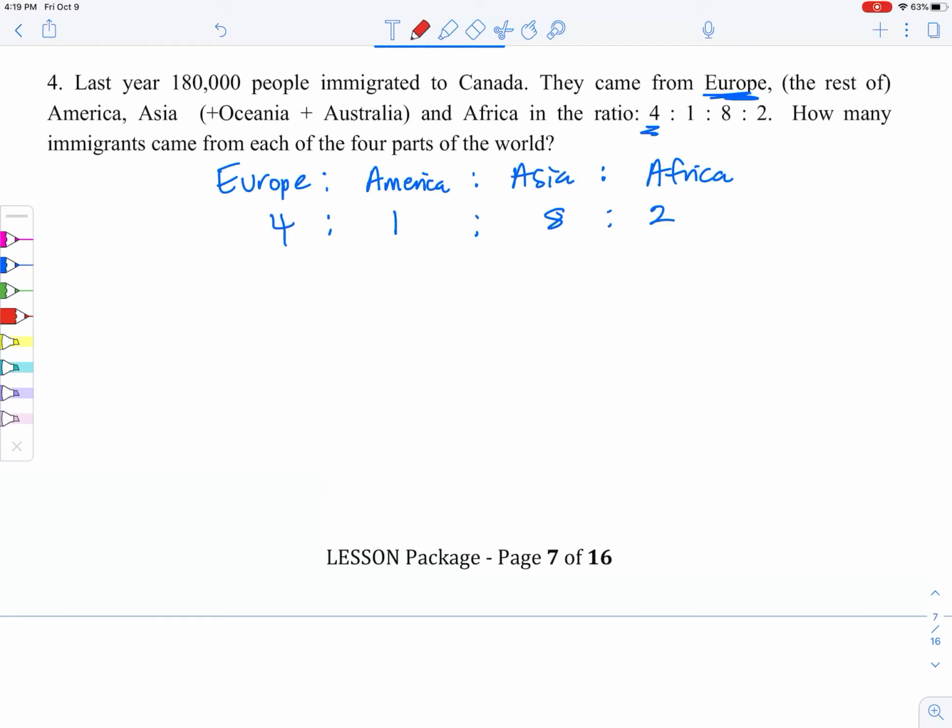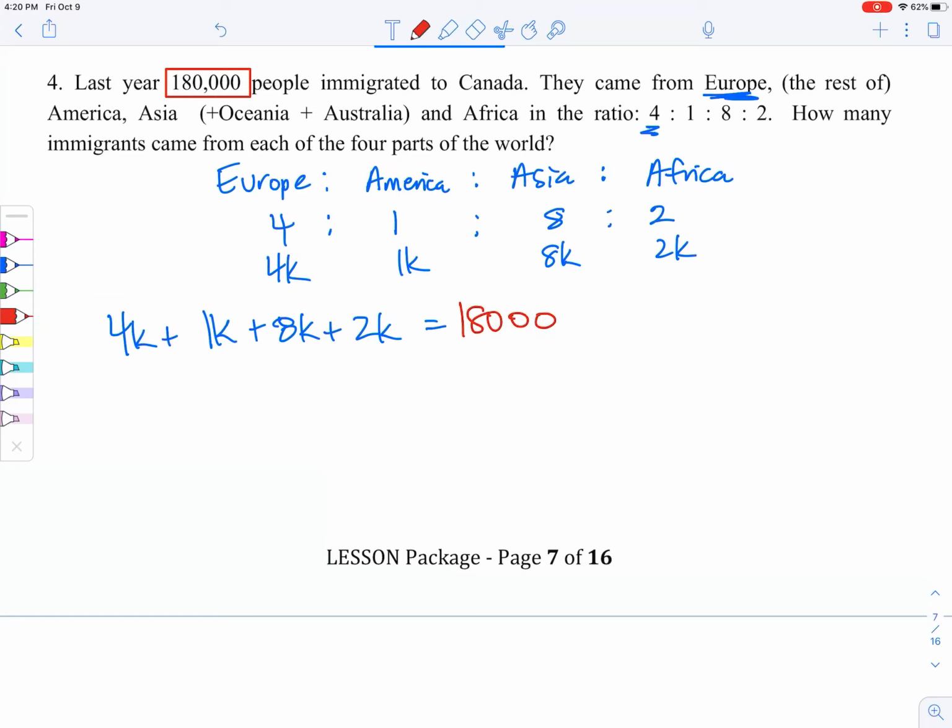And we know our grand total is 180,000. So we're going to do that scaling thing again, right? Because I can write 4 as 4K, 1 as 1K, 8 as 8K, 2 as 2K, and it all still will reduce to the same ratio. And I know that 4K plus 1K plus 8K plus 2K equals my grand total up there of $180,000.